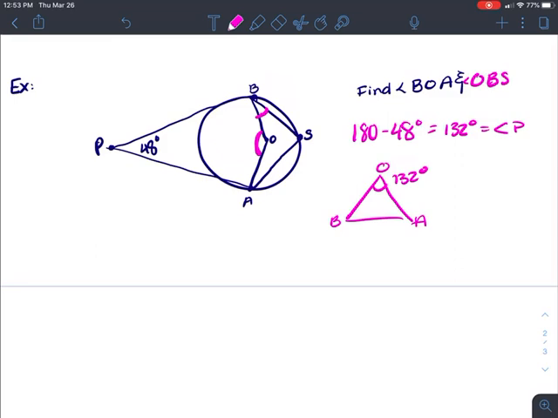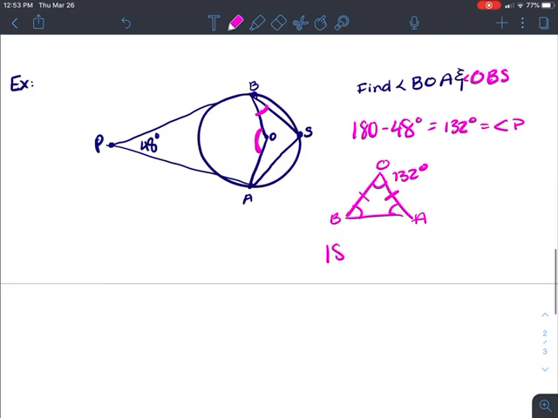Since these are congruent, that means my base angles, so this angle and this angle, are equal to each other. So I can do 180 degrees minus 132 degrees, which gives me a total of 48 degrees. Since both angles are equal to each other, I divide by 2, which gives me a total of 24 degrees.